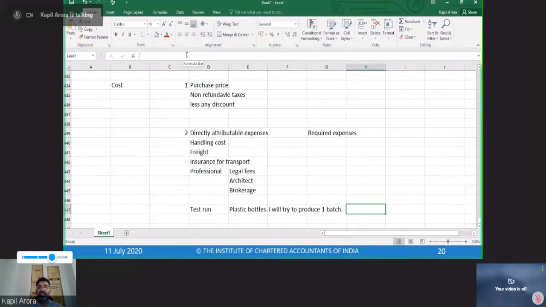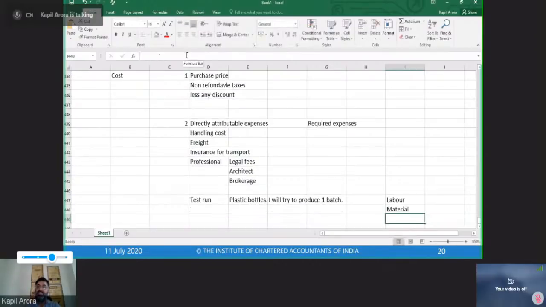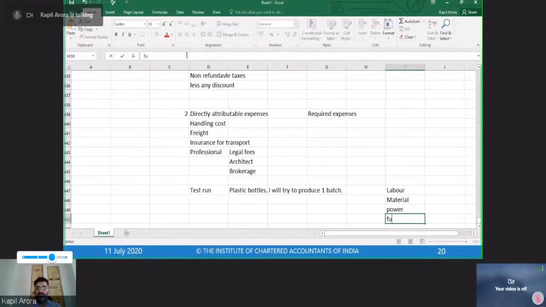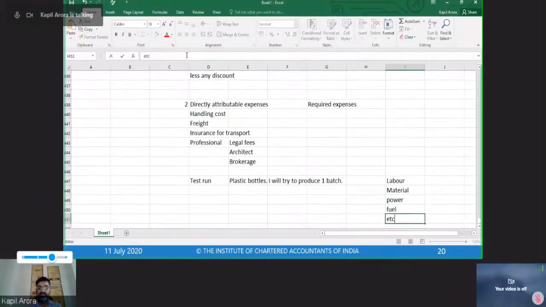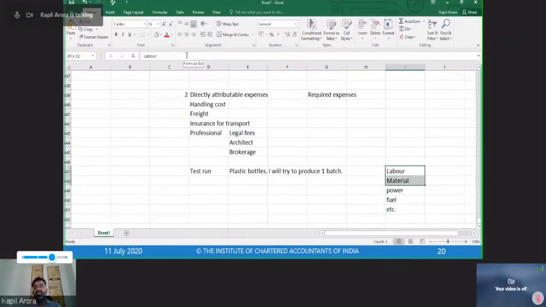Doing a test run would require labor, material, power, fuel, etc. All these costs required for the test run will be added to the value of the asset. We call it test run cost.